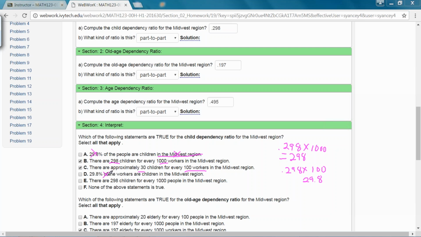No, we don't have child workers, and that was not a percentage because we didn't do the total. It was divided by another part. There are 298 for every 1,000 in the Midwest. What's wrong with this? It's not the total Midwest, it's only those workers in the age 15 to 64. So that's why B and C are your true ones. Does that clarify that for those of you that had the questions?